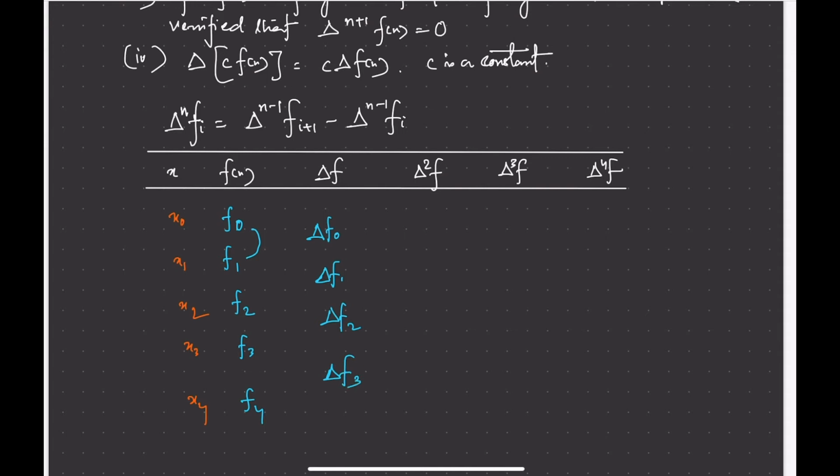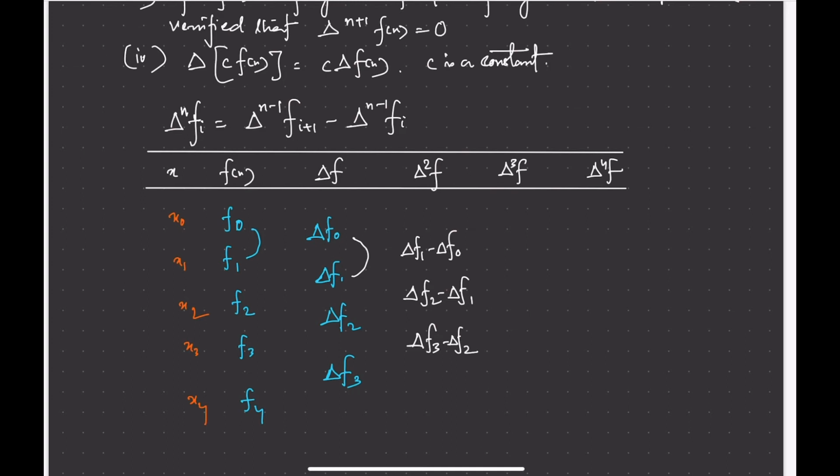Now here you can see del square of f. Del square of f means you are going to subtract from here to here. So you are subtracting del of f1 minus del of f0, del of f2 minus del of f1, del of f3 minus del of f2.